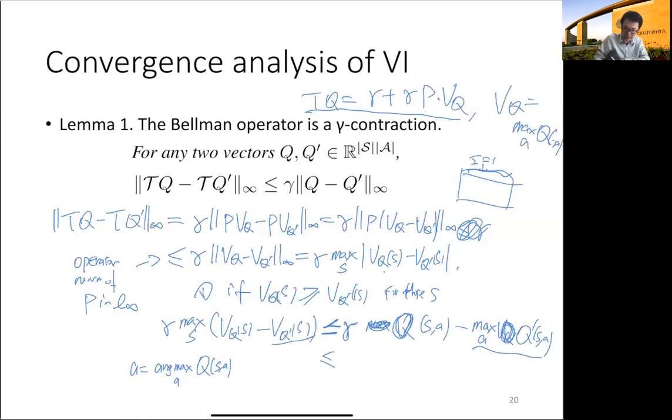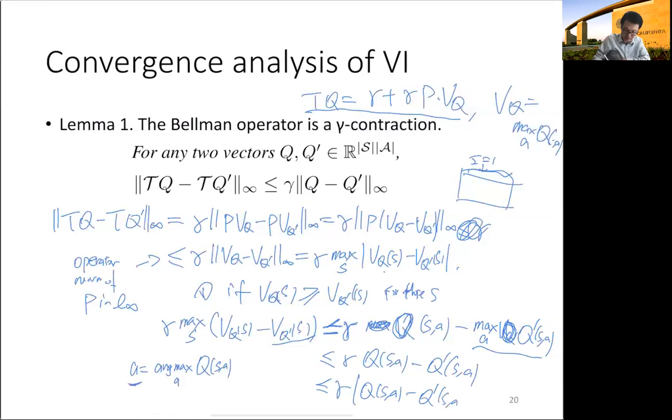I'm only making the first term larger, but the second one remains where it is. And now I can replace this by the arg max. I can replace this with Q of S, A minus Q prime of S and A. Now I'm substituting this particular A into this Q prime, which always makes this larger. Right, and then this is smaller than gamma of the absolute value of Q of S and A minus Q prime of S and A. Right. So notice that this is symmetric.